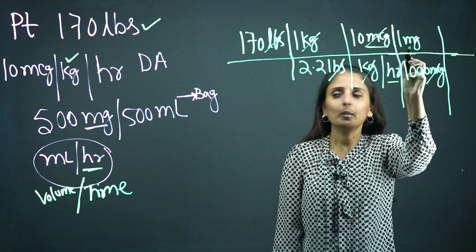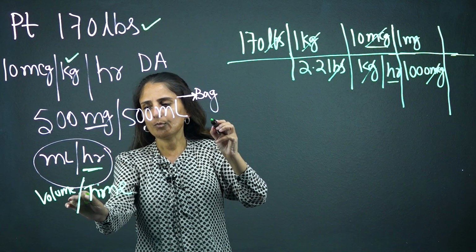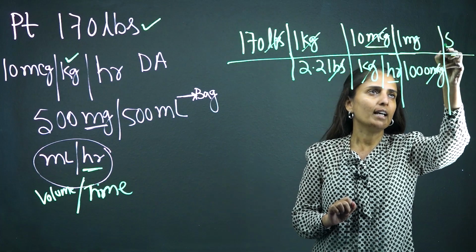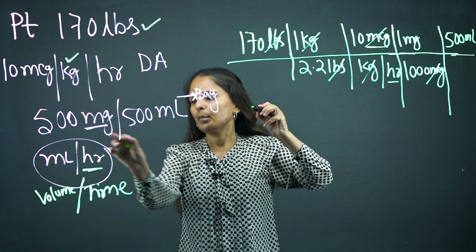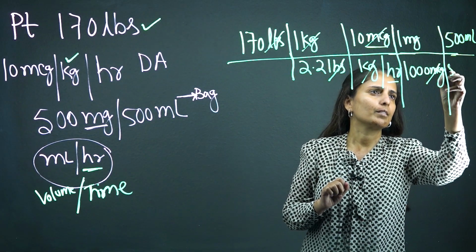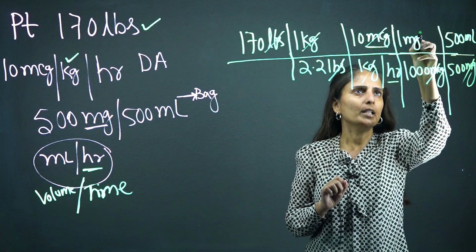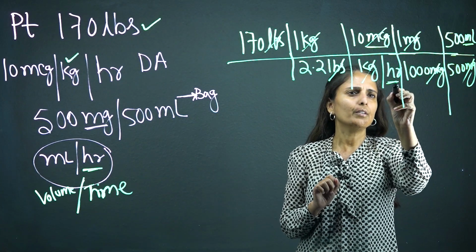And now we're going to bring back our 500 milligrams per 500 ml. So remember our volume, which is our mLs, is going to be on top. So we're going to put here 500 mLs, all right, per 500 milligrams. Now this milligram and this milligram are going to cancel. What you have left is mLs per hour.